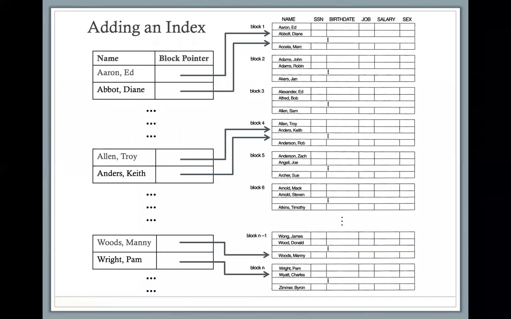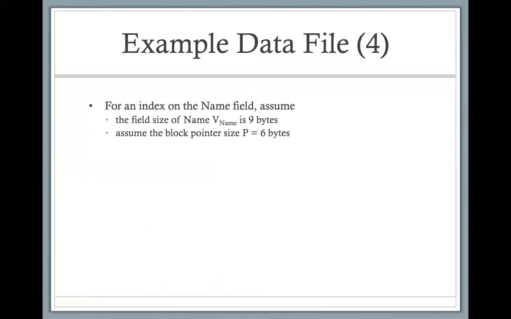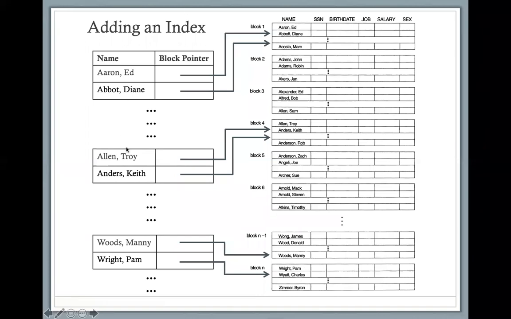And assume that the block pointer, which points to the block that contains the record with the corresponding value, was of length 6 bytes. I want to see how many blocks this index needs to store, and how many blocks I would need to read to locate a certain entry, and in total, how many blocks I would need to read to find the record corresponding to a particular value, to answer a particular SQL query.